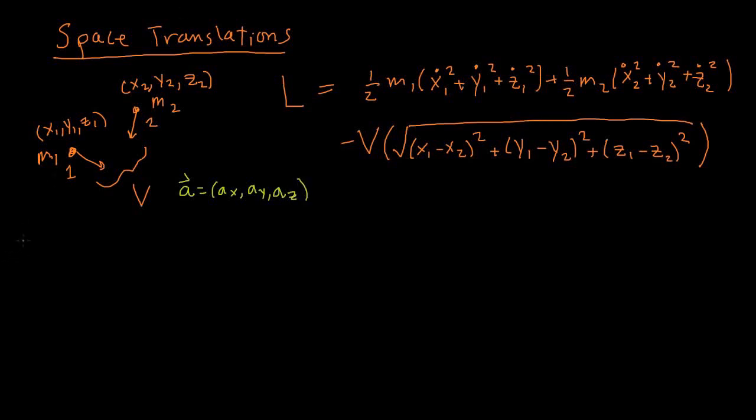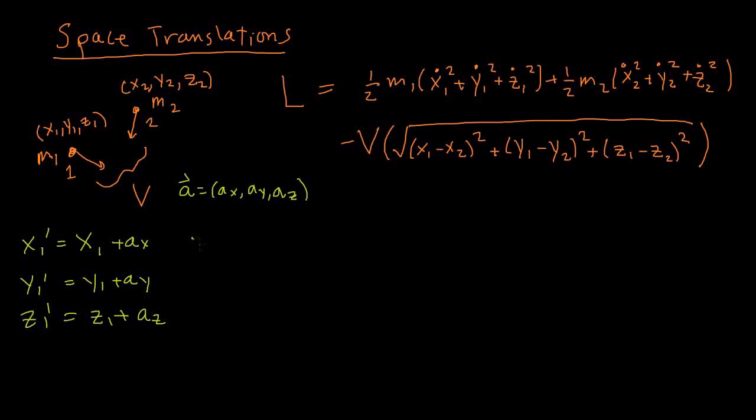All right, so x1 prime, which is our coordinate x after we translated it, is equal to x1 plus a sub x. And then y1 prime is equal to y1 plus a sub y, and z1 prime is equal to z1 plus a sub z.